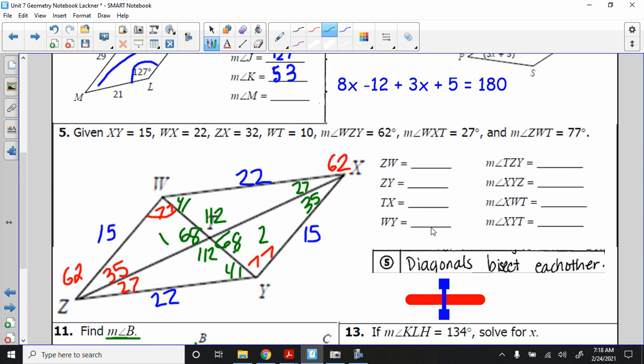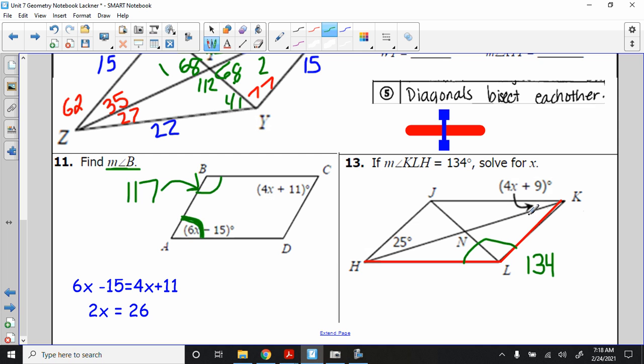So, check this out. We're going to do a really tough one. These two are not equal, but I know this one is 25 because these two are equal. Now, is it possible to figure out what this whole corner is?